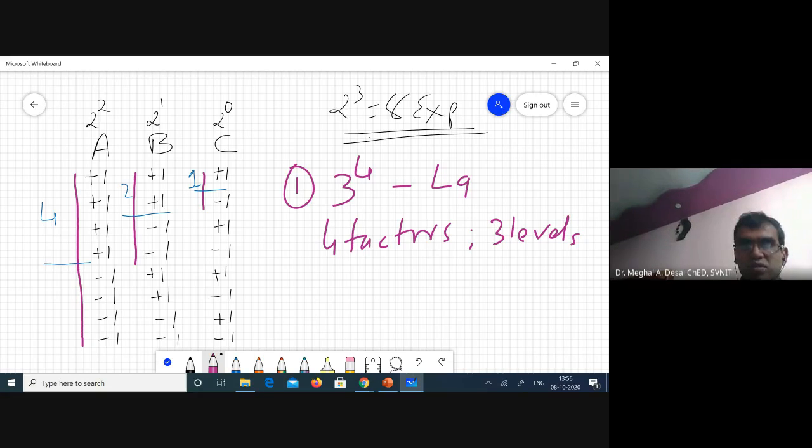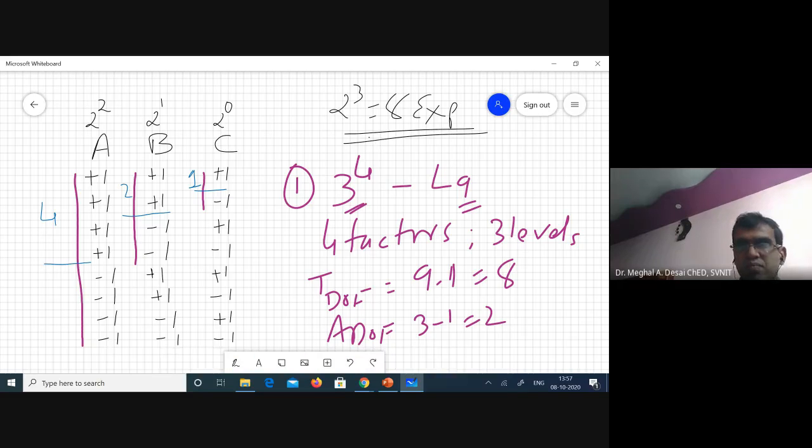Then the total degree of freedom, as you know, is 9 minus 1, because it is the L9 array, so 8. And if I find the individual degree of freedom, since I am going to use 3 levels, 3 minus 1, so 2.